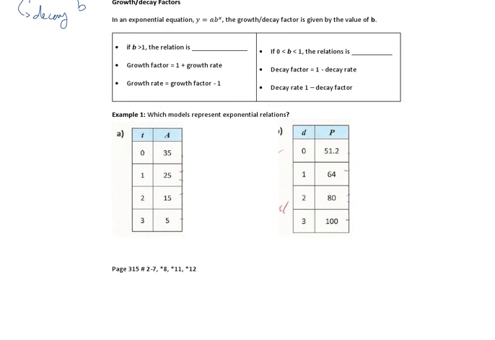So, if b is greater than 1, then the relation is growth. It's growth, right? So, as I said earlier, your growth factor, which is b, is 1 plus the growth rate. So that would be 1 plus i, but in decimal.